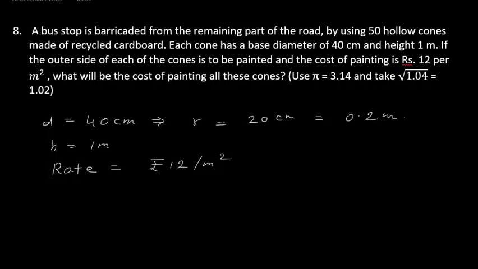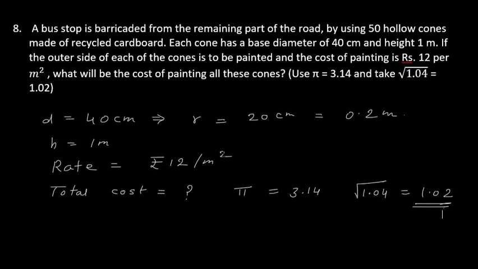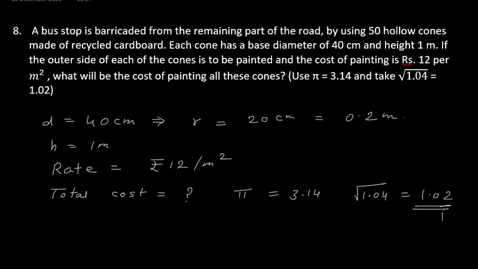So I have to find the total cost. The value of pi is given as 3.14, and the value of root 1.04 is given as 1.02. So the diameter is given, radius is given, height is given, rate is given, the total cost we need to find, and the value of pi is given.